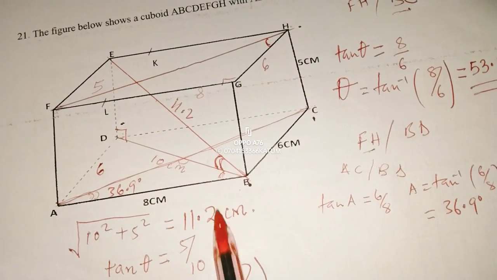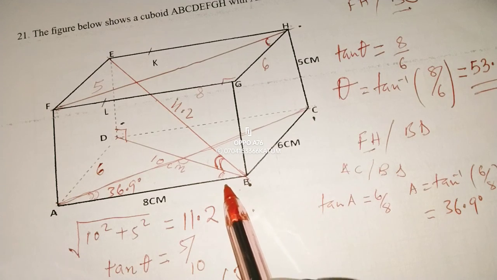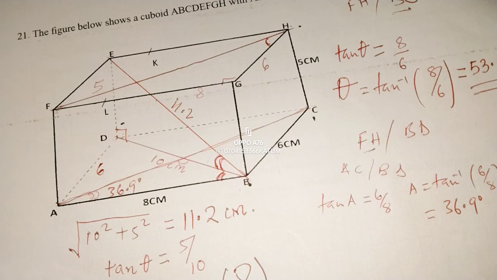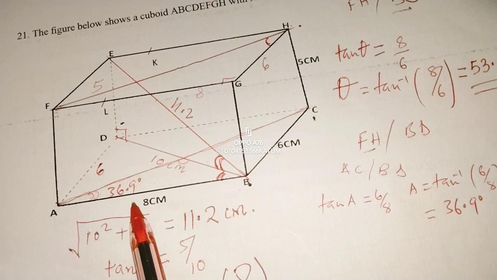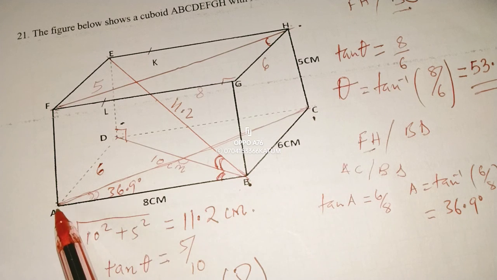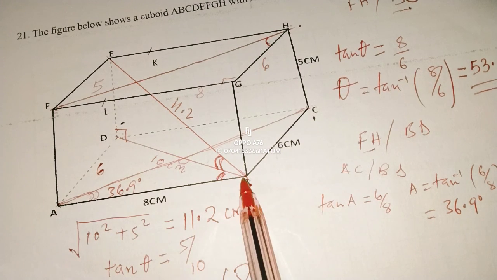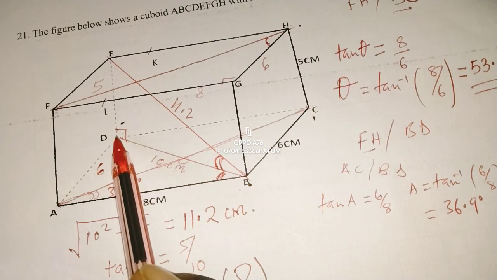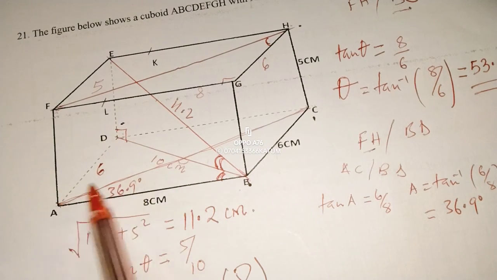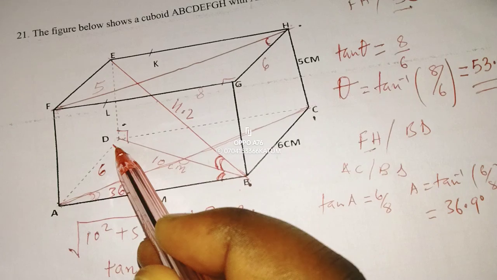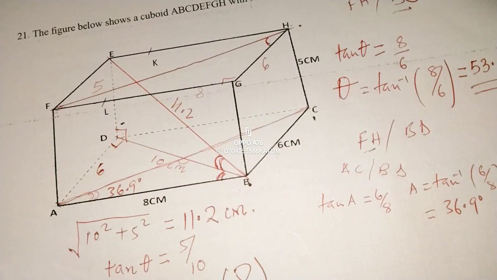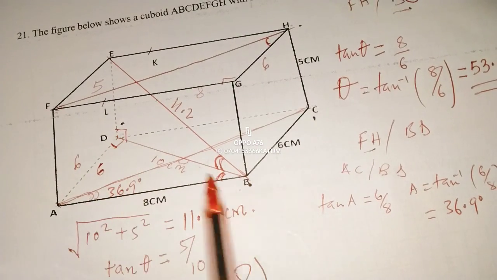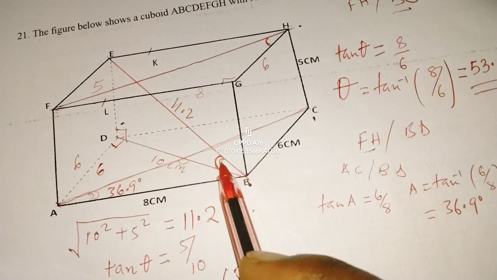After that, we can get the angle at this point. Remember, we have the length of 8, we have the length of 10, and we have the length of 6, which means at this right angle here, we can use 6 and 10 or with 8 to obtain the other angle.